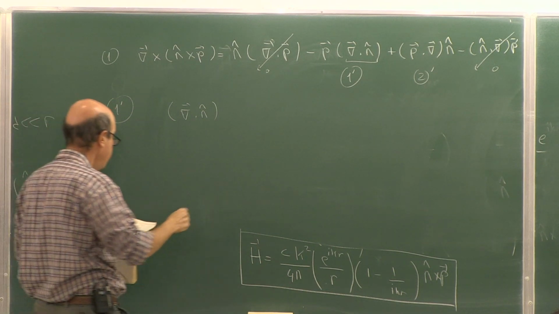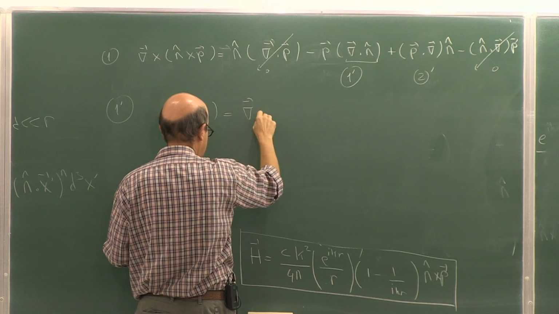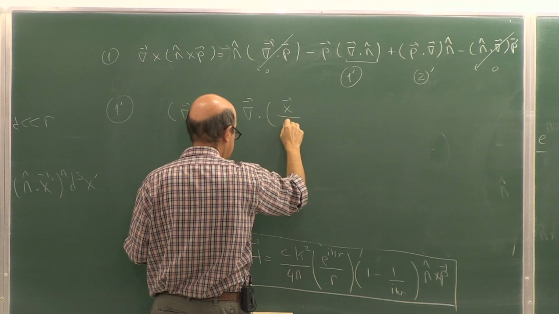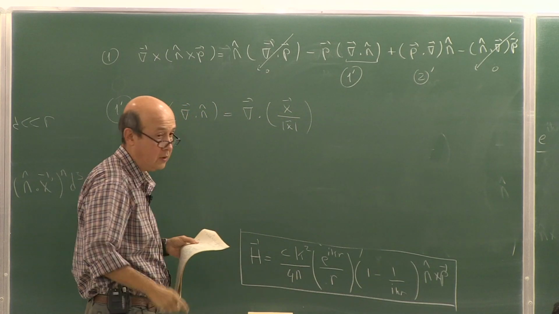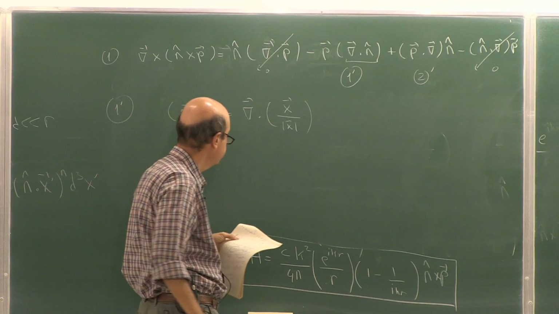So the divergence of n is the divergence of x in 3 dimensions over the x magnitude. So x over the x magnitude is the n unit vector.